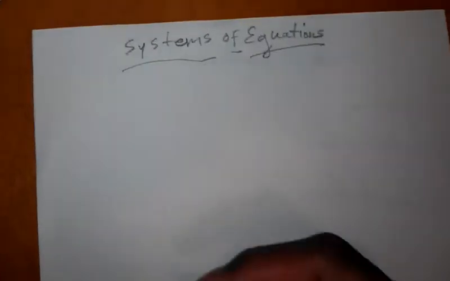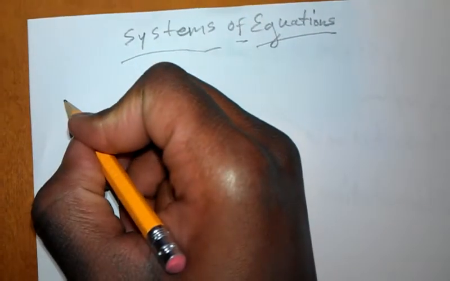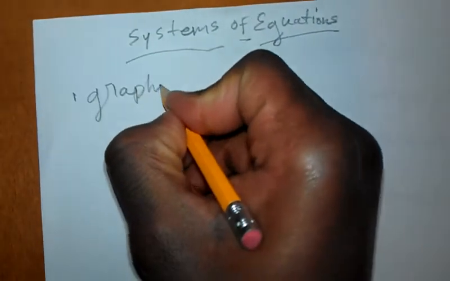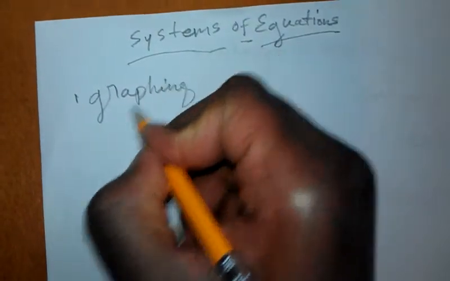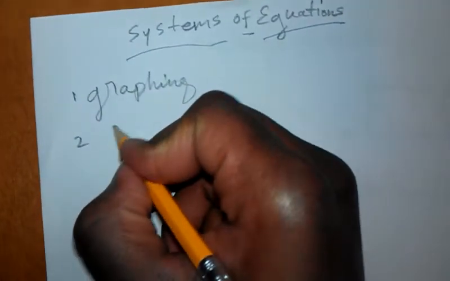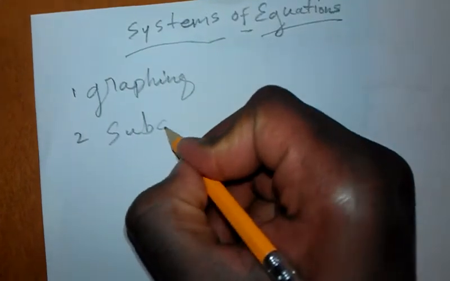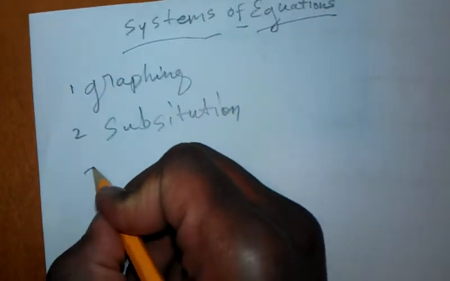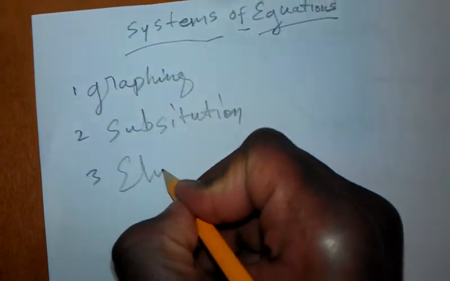And there are 3 methods of solving them: 1 by graphing, 2 by substitution, and 3 by elimination.